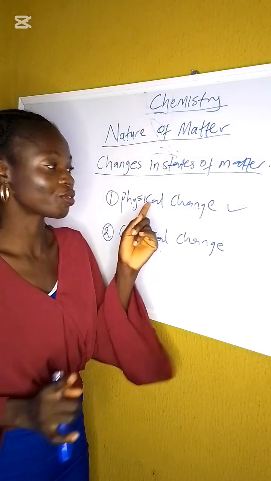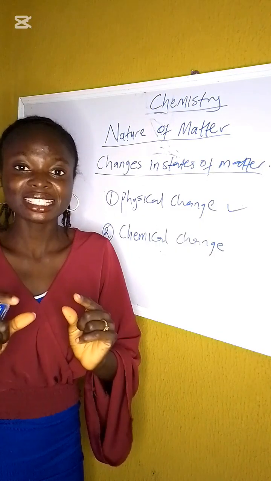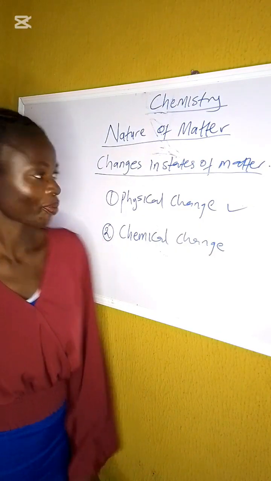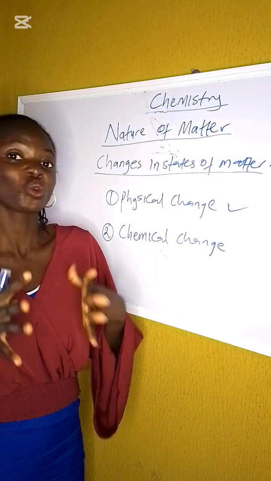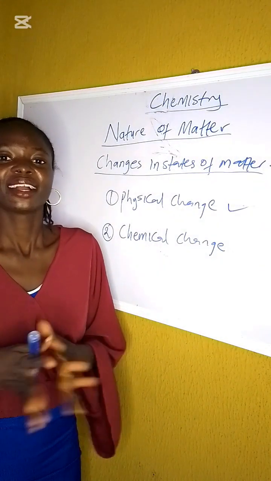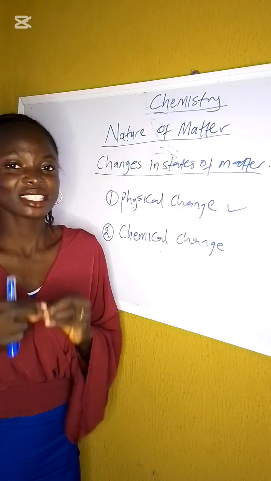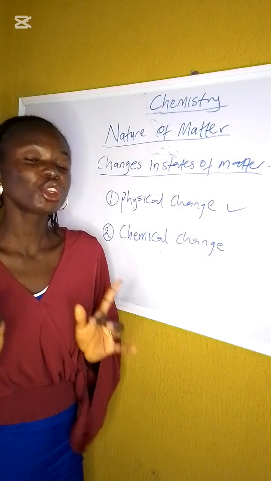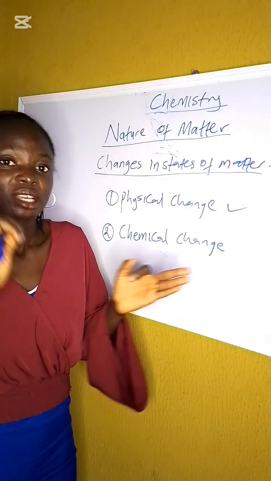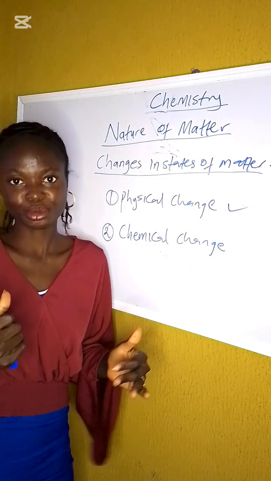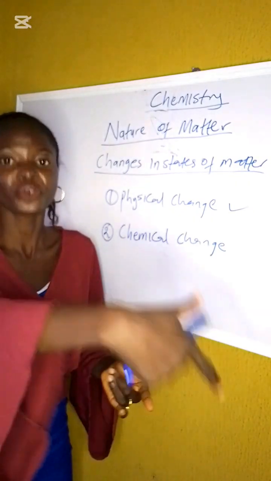No new substances are formed in physical change, and the change is easily reversible. That is, you can get the previous reactant from the product formed.